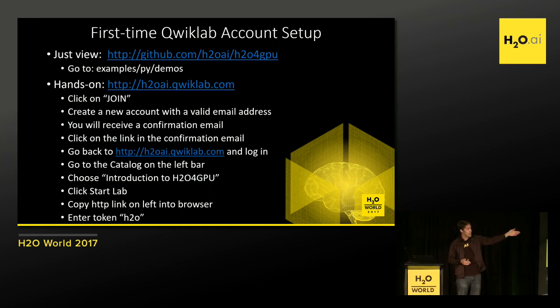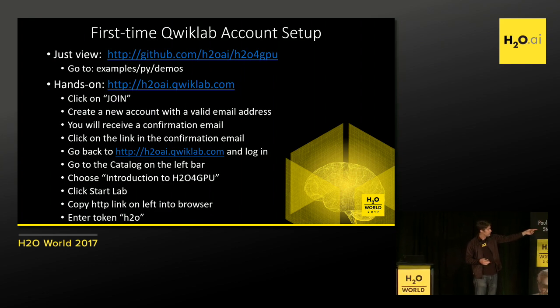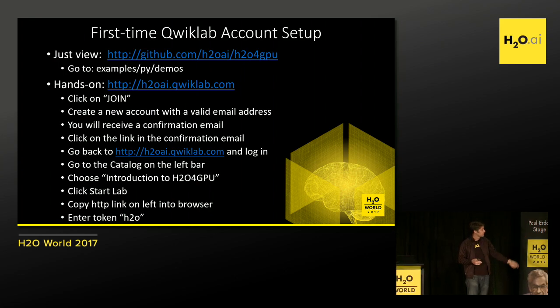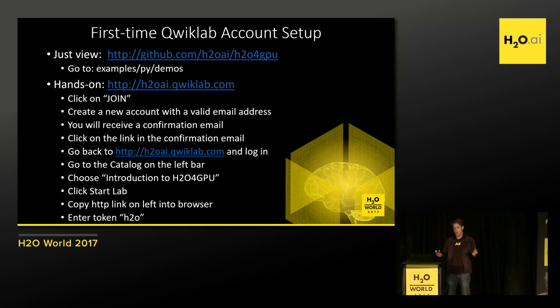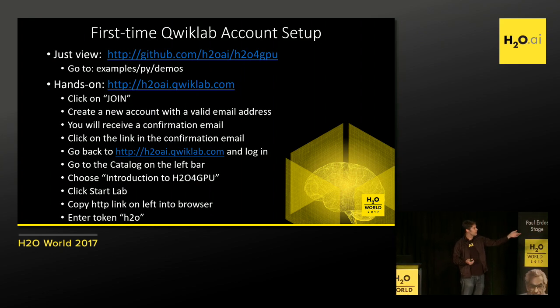So if you want to do the hands-on, also please go to H2AI.quicklab.com, spelled QWIKLAB.com. The first thing, if you haven't already done this, is you need to join. And when you join, you'll create an account with a valid email address.